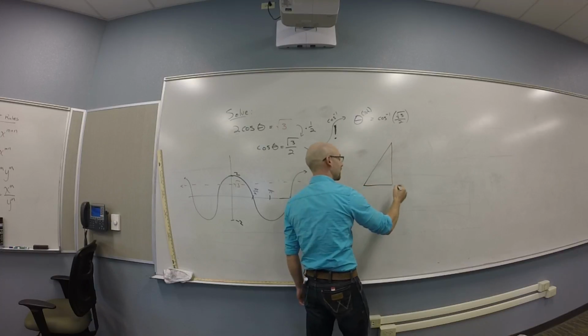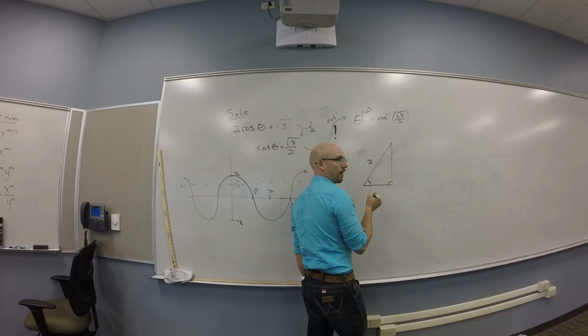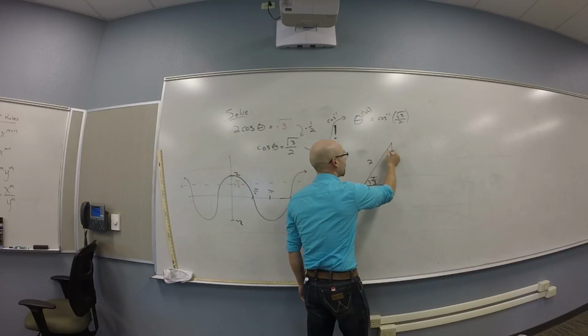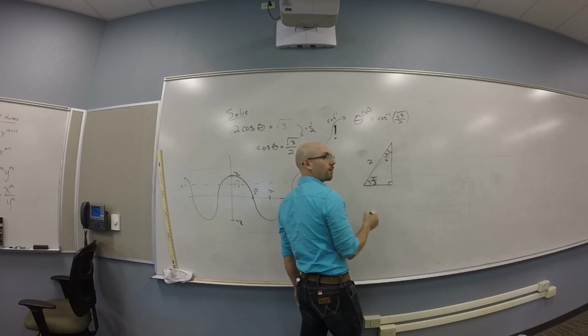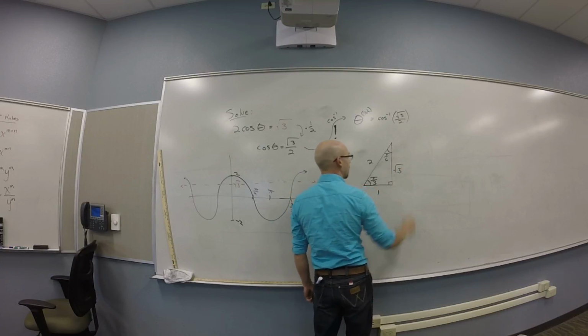So it's going to look something like this. This one's 2. This is pi over 3, and this is pi over 6. And what else do I know? 1 and square root of 3.